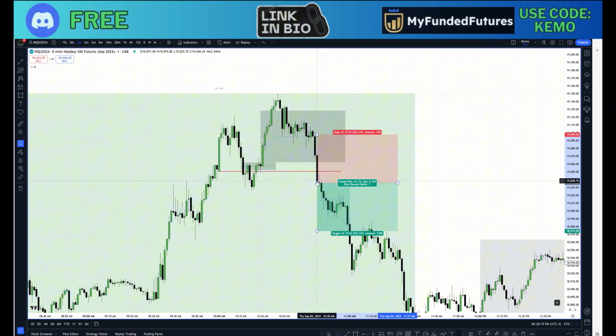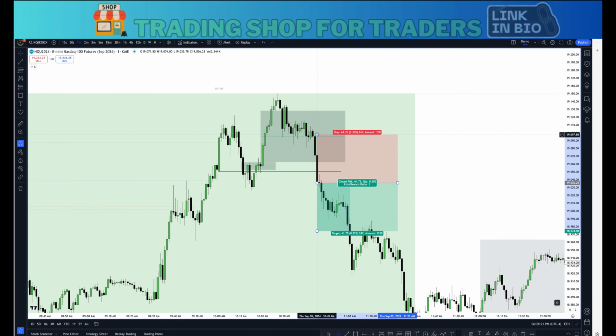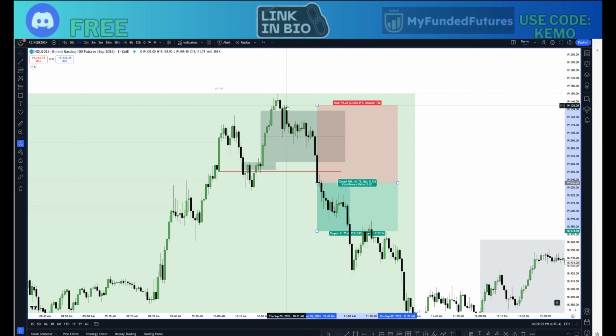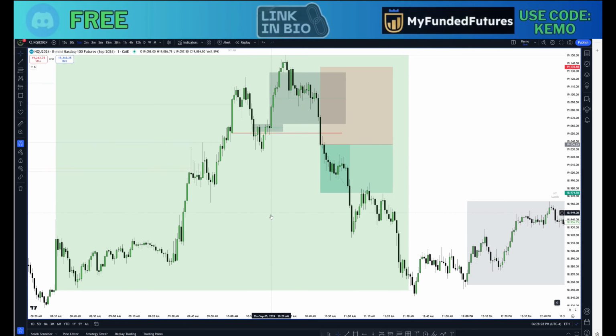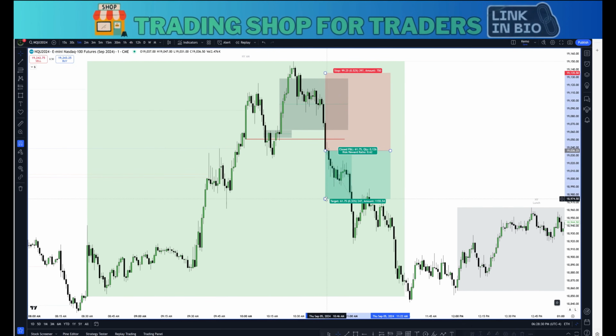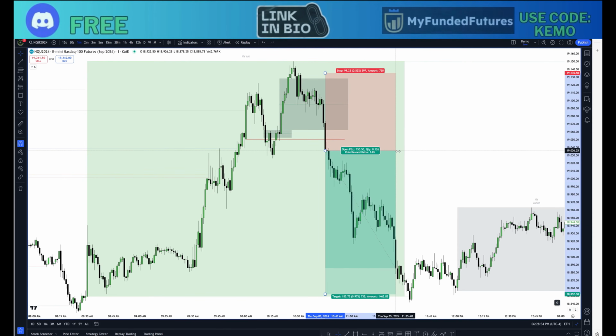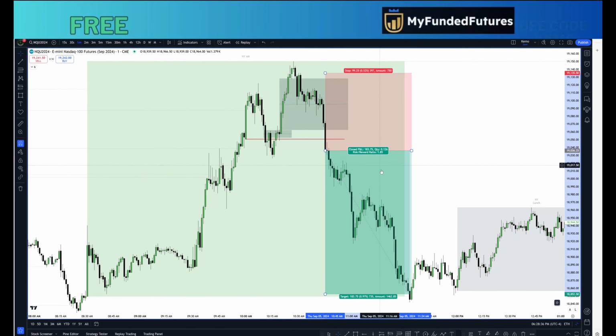So you can literally take a trade here. Stop loss is huge. It's still huge. Honestly, stop loss should be right here for safety reasons, right? And you can target all of this price. This is still a huge trade and it worked.